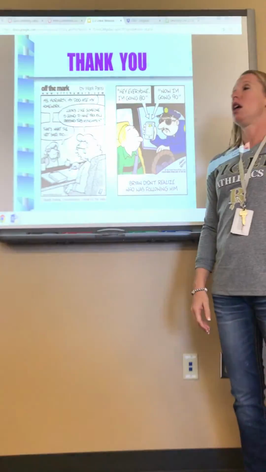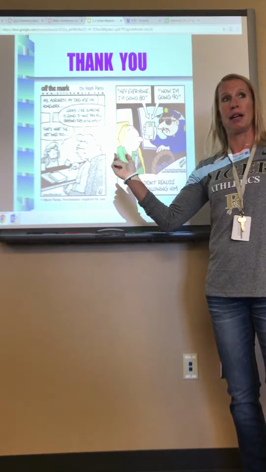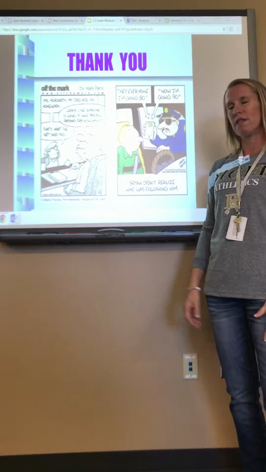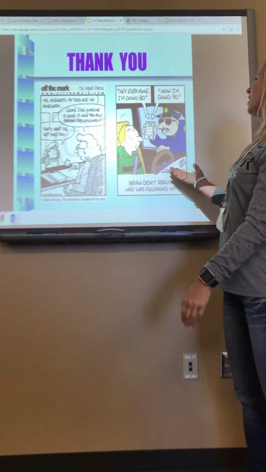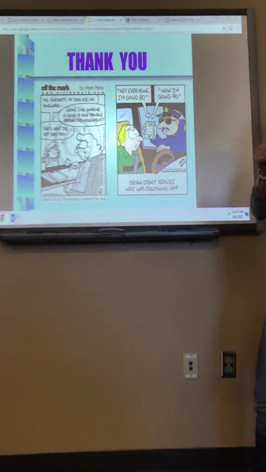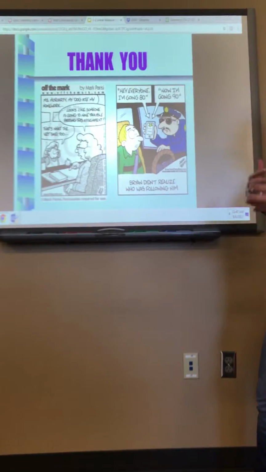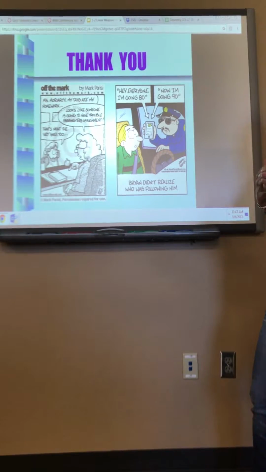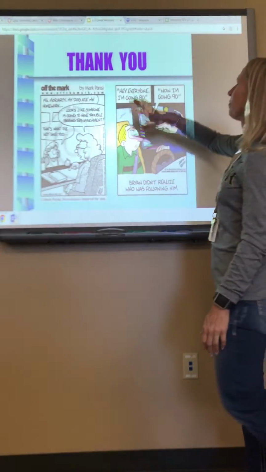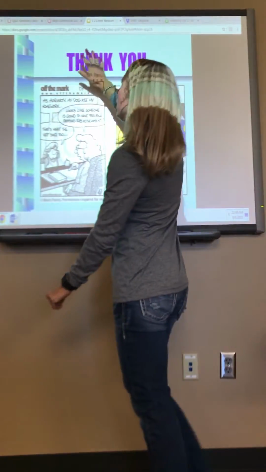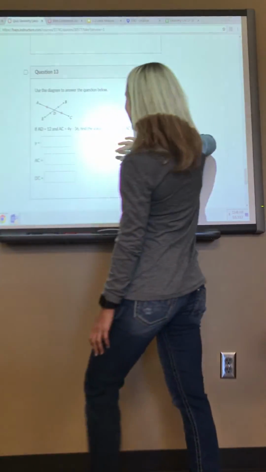And she goes, looks like someone's going to have trouble passing this assignment. She's like, that's what the vet says. Like passing. And then this, hey everyone, I'm going 80. Now I'm going 90. And then the police officer pulls him over. He didn't realize who was following him on Twitter. I don't know, they're just dumb. I apologize. Sorry.